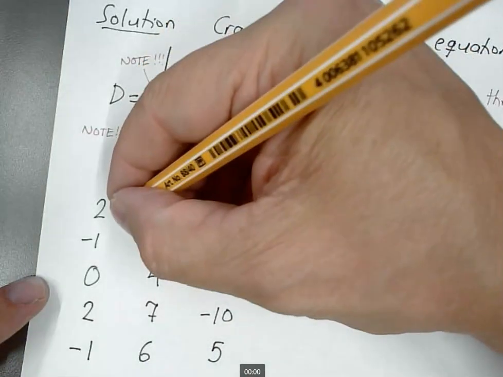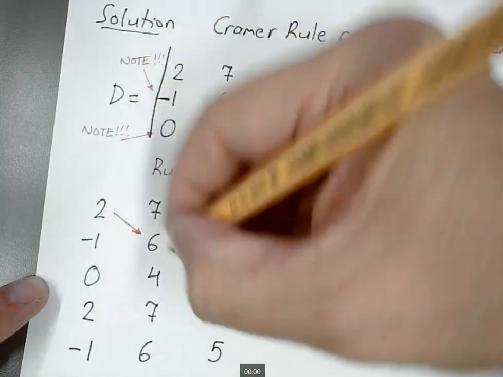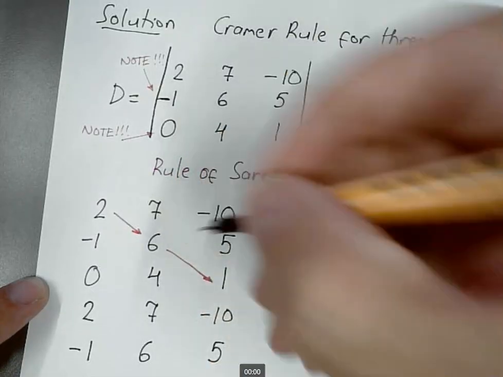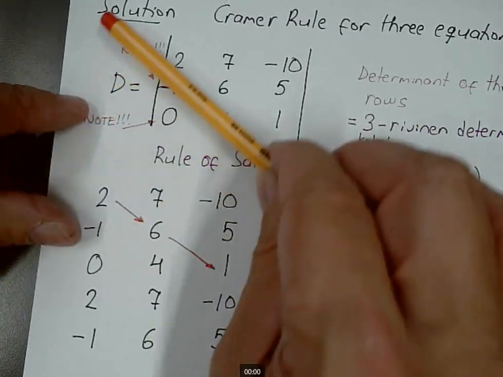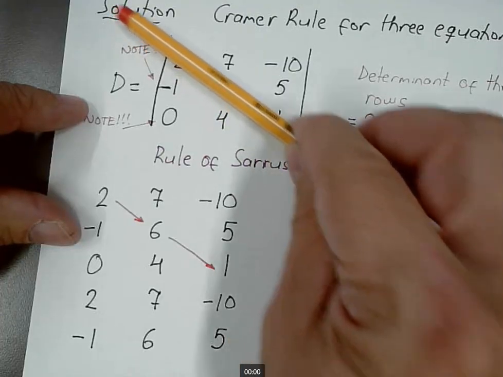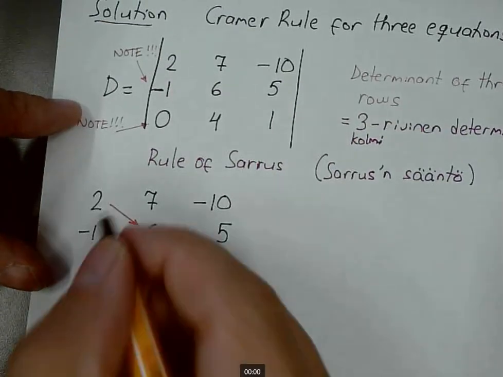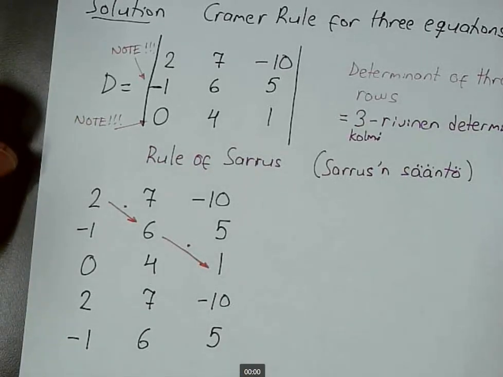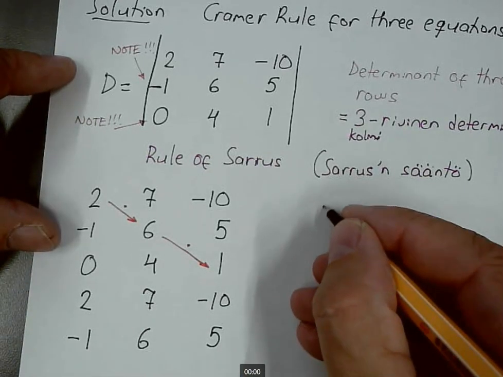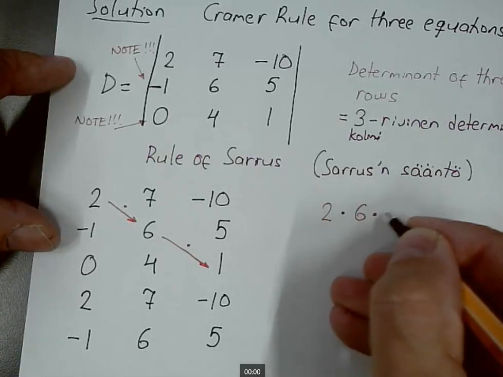So we will do multiplication of these numbers. So we will go in this direction here, and we are multiplying these with each other. So we are getting 2 times 6 times 1.